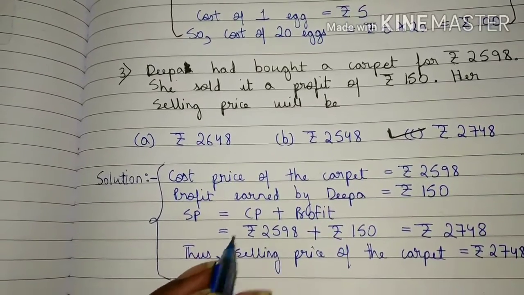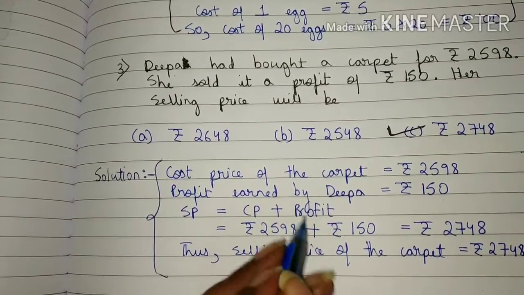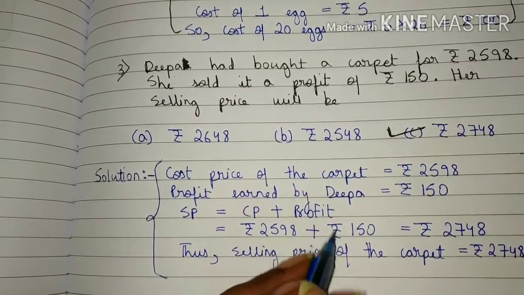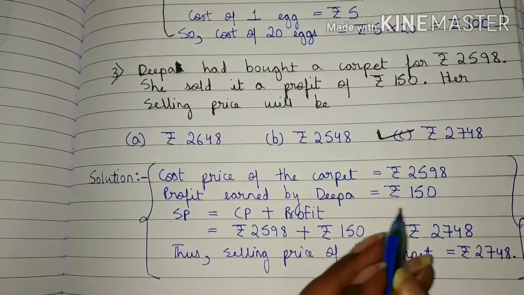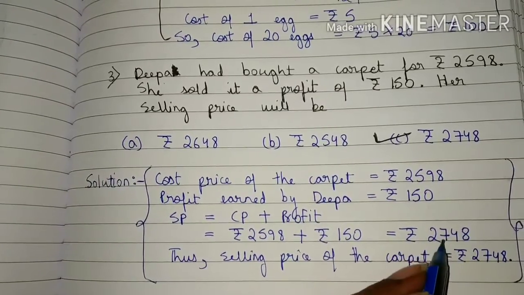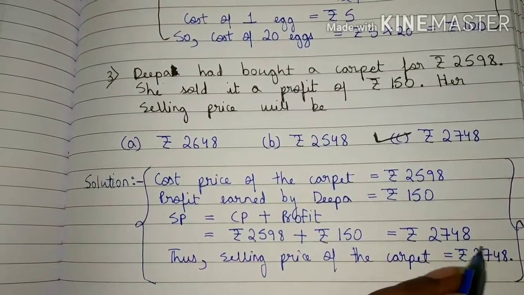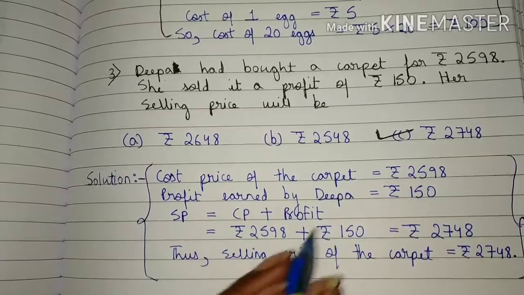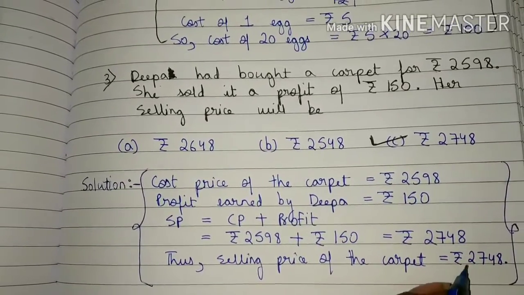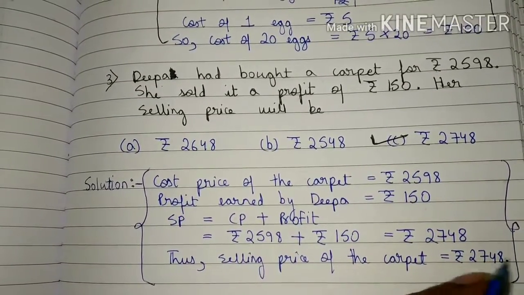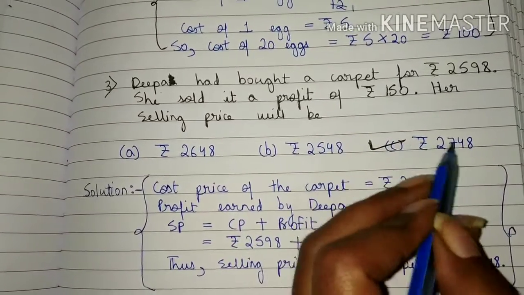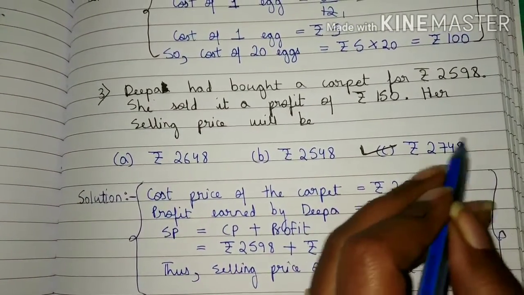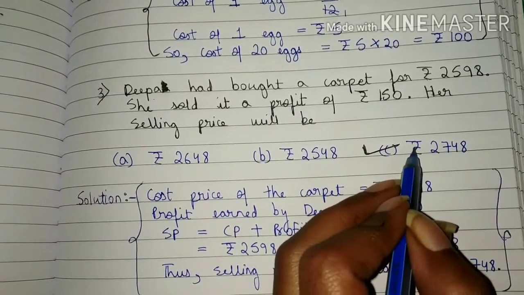When you add rupees 2598 plus rupees 150, then you will get the answer rupees 2748. Thus, the selling price of the carpet is rupees 2748. So students, option C, rupees 2748 is the correct answer.